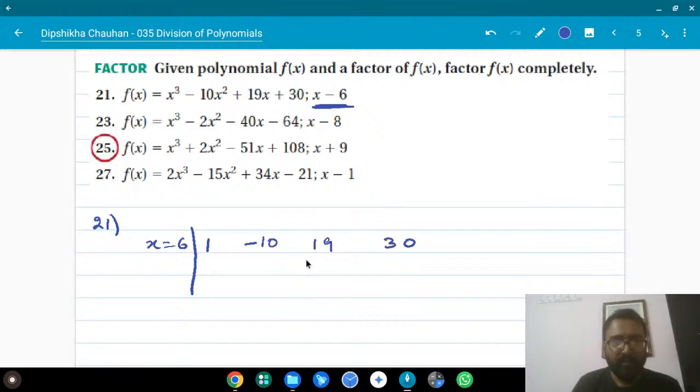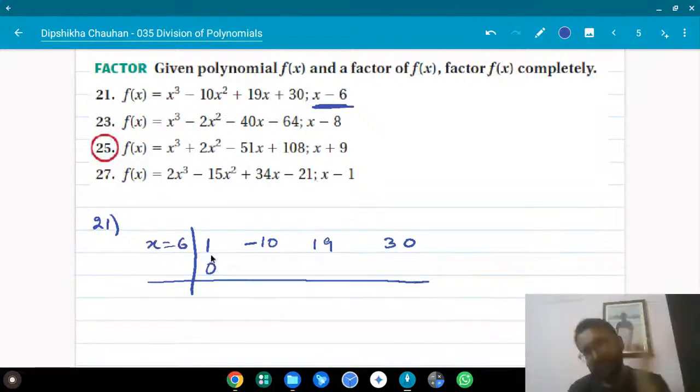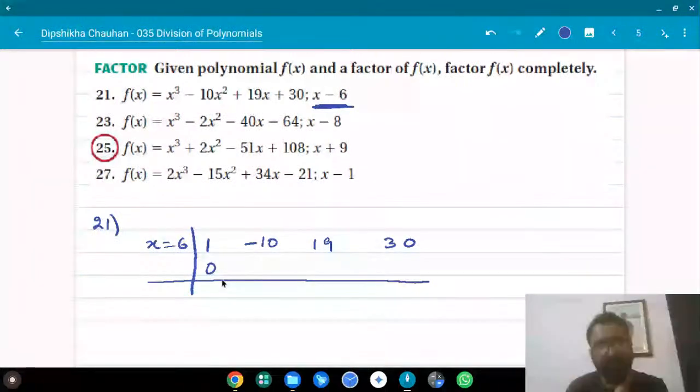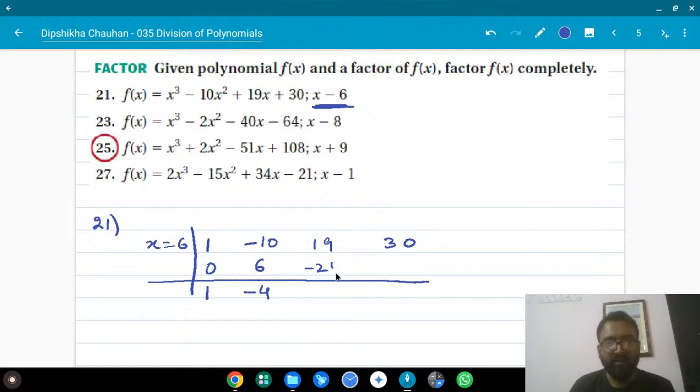Write down the first one as it is. I am writing 0 here, but in your standard it may not be mentioned as 0, but we can take it as 0. 6 1s are 6, it is minus 4, it's minus 24, it is minus 5, it is 30, minus 30. So we got the last term as 0, or no?